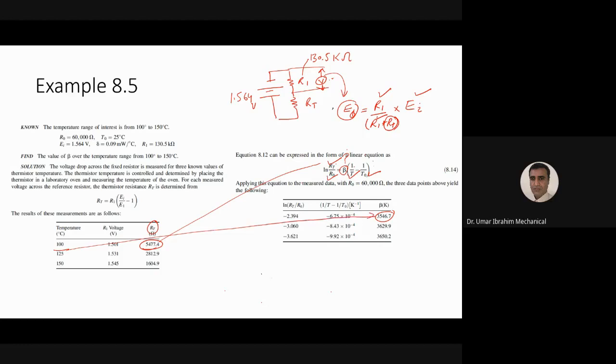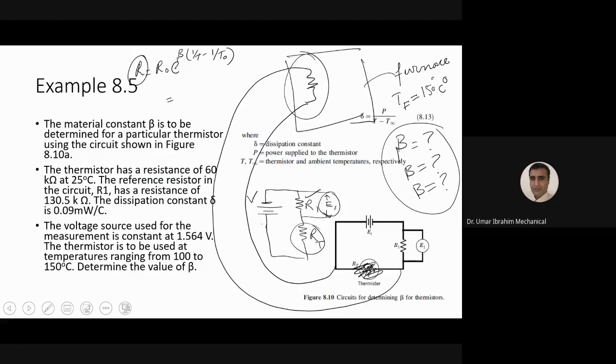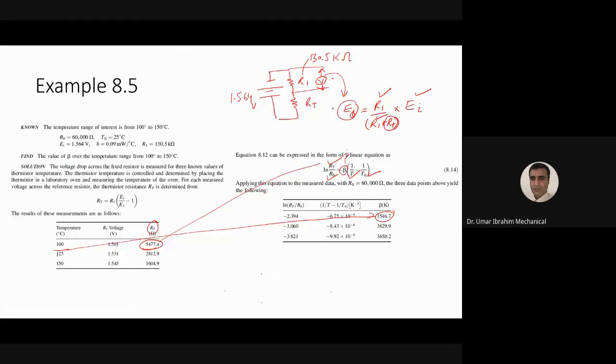Once we do that, we come back to our experiment and change the furnace temperature from 100 degree C to 125 degree C, and repeat the whole experiment again. For 125 degree C, our beta value comes out to be 3629.9.